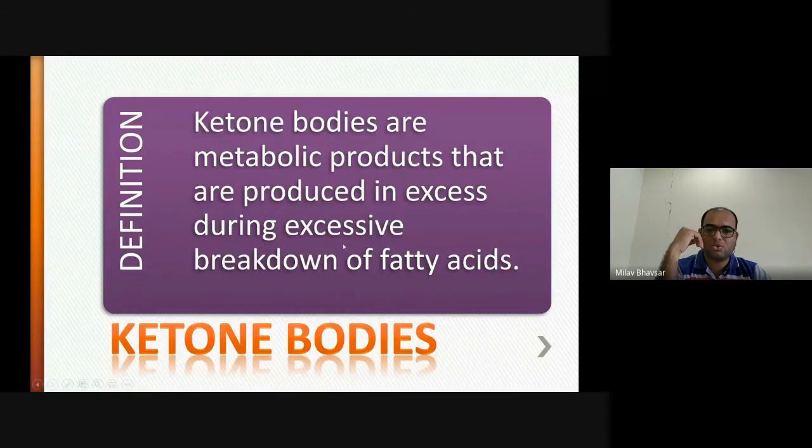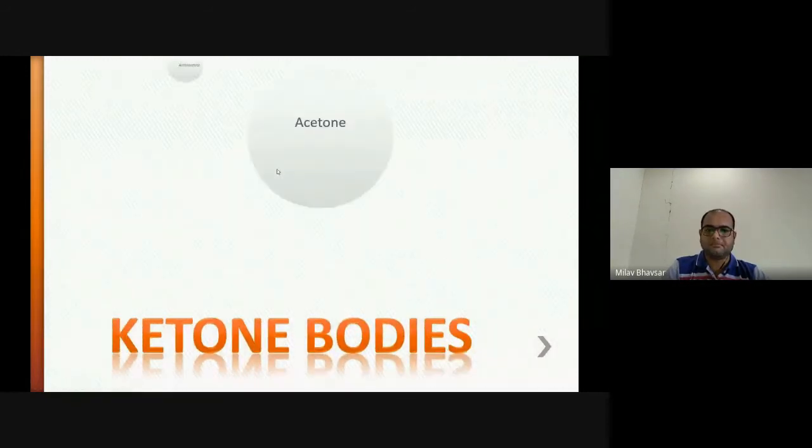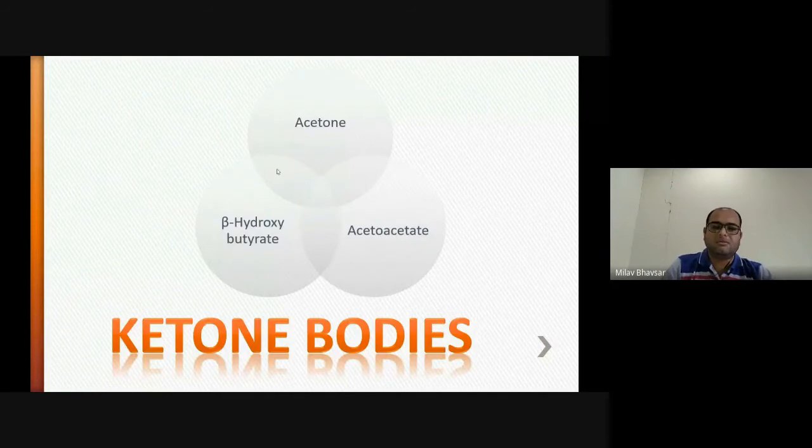But what if too much fatty acid is getting converted into acetyl coenzyme A? What will happen to this acetyl coenzyme A? Our TCA cycle gets saturated. Then what will happen to the acetyl coenzyme A? It generates the ketone bodies. These are the three ketone bodies which are considered for our study purpose: acetone, acetoacetate, and beta hydroxybutyrate.